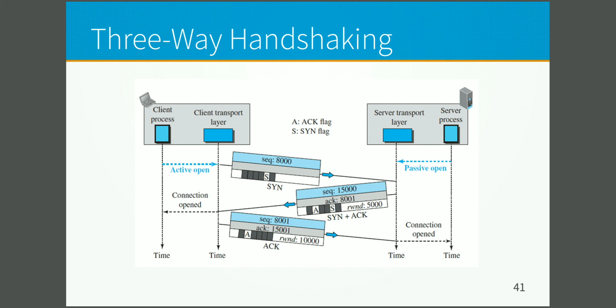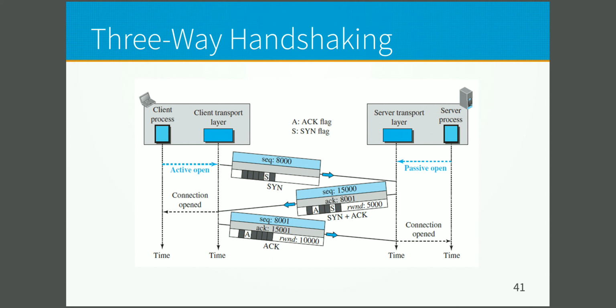Now the server TCP is ready to accept connections from the client, and it starts listening for incoming connections. Unless a server process starts with a passive open, no clients can interact with the server. So now the server has indicated that yes, I can accept connections from your end.